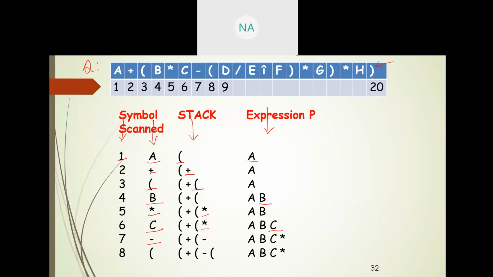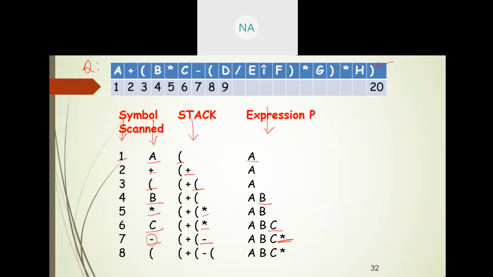So in step 5a, all those operators which have the same or higher precedence will be removed from the stack and added to expression P. So multiplication will be popped out of the stack and added to the expression P. After removing multiply, the top element is a left parenthesis, so we stop step 5a, and in step 5b the minus sign will be pushed onto the stack.